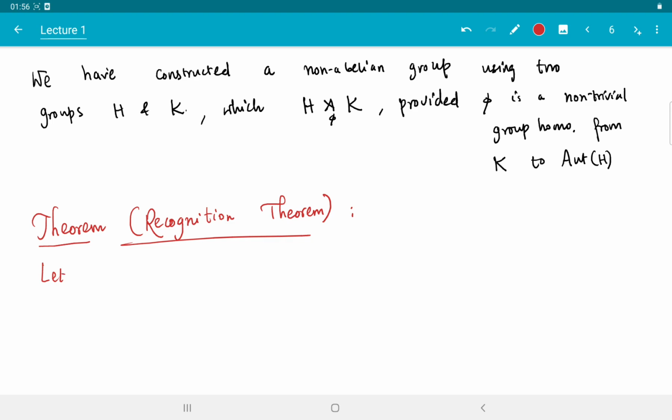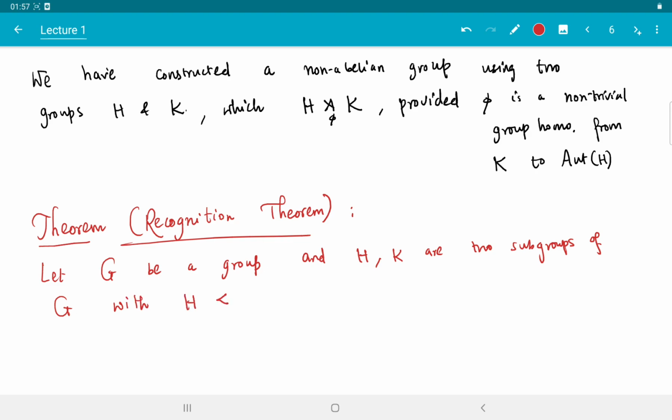Let G be a group, and H and K two subgroups of G with H normal in G. Suppose G is equal to the product HK, and H intersection K is the trivial group.